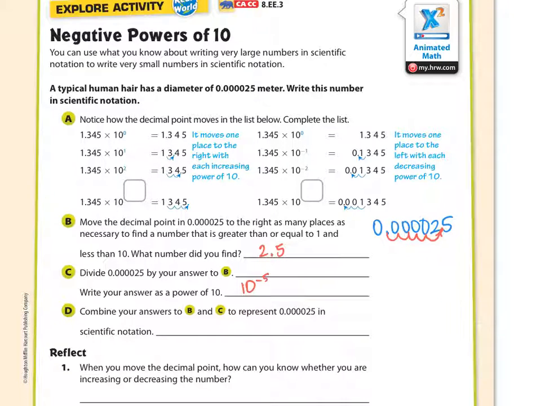So when we combine those two parts, 0.000025, and that's standard notation, is equal to 2.5 times 10 to the negative 5th power. Okay, and that's it for changing standard notation to scientific notation when the number is really small.